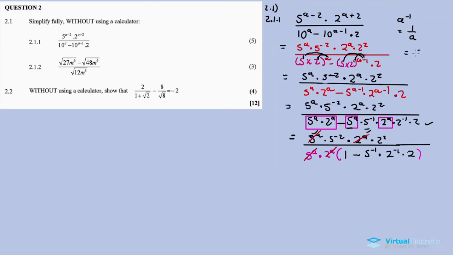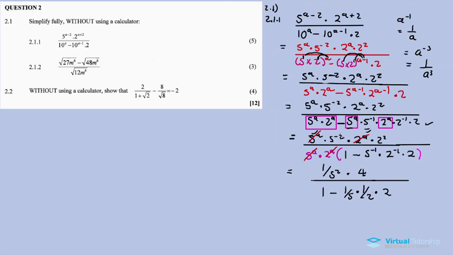If it is a raised to exponent 3, I write it as 1 over a raised to exponent 3, right? So if we simplify our exponents, you need to simplify our negative exponents.